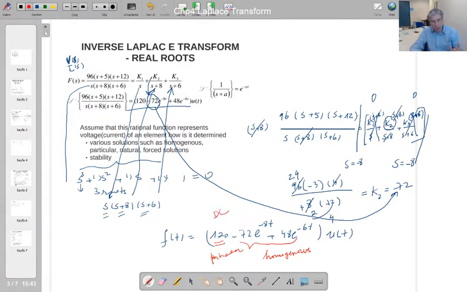So I am interpreting that result we found here, that resulting function, as a solution of one of the elements, current and voltage. I am saying now this solution includes a homogeneous part and a particular part, and from that particular part I am saying this circuit is driven by a DC source.